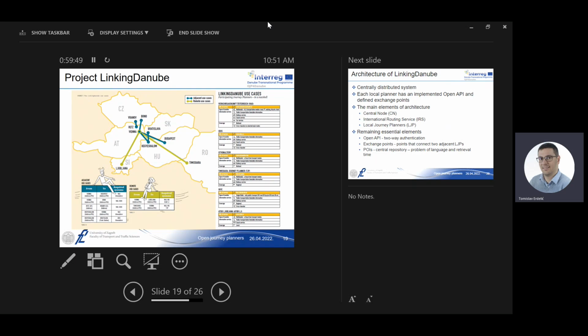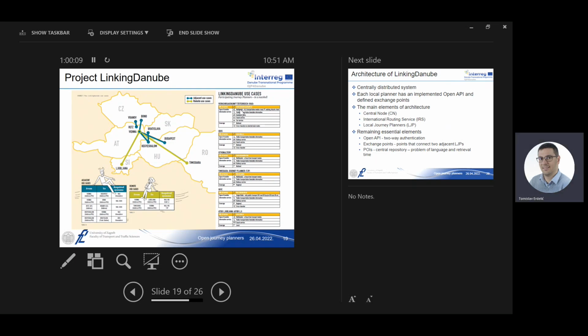This local journey planner offers services such as railway service, bus service, car service, and also today they have a bike service. So anywhere in Österreich, you can plan your route using all of these services.